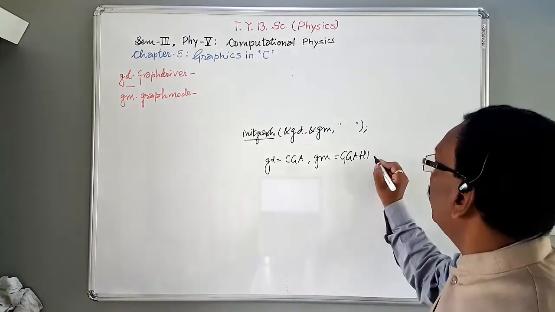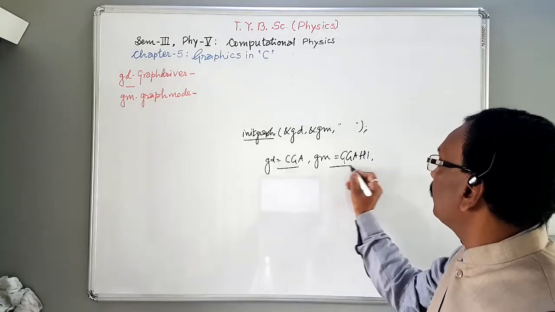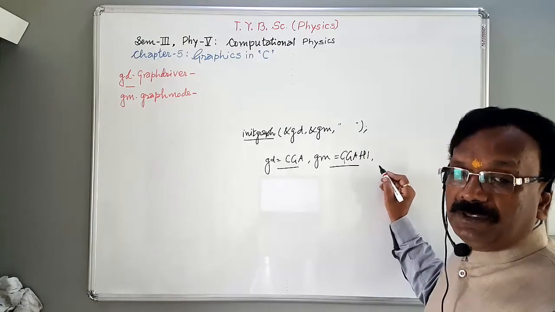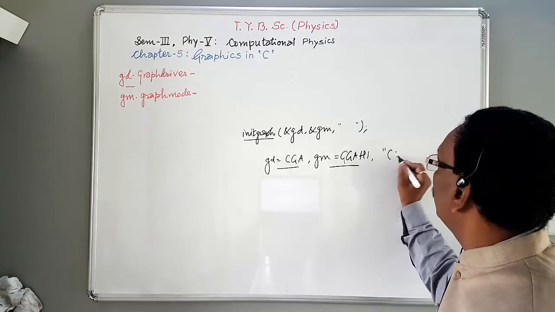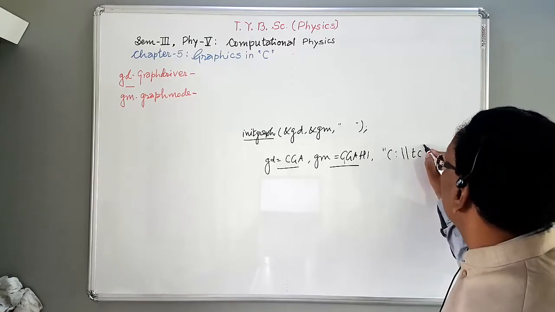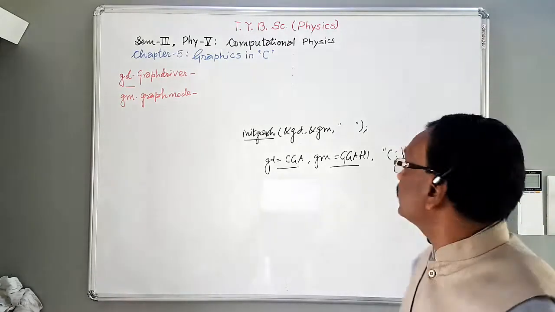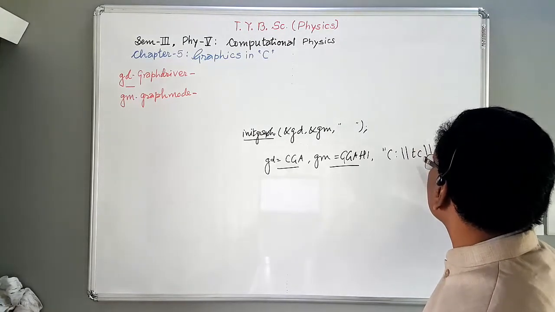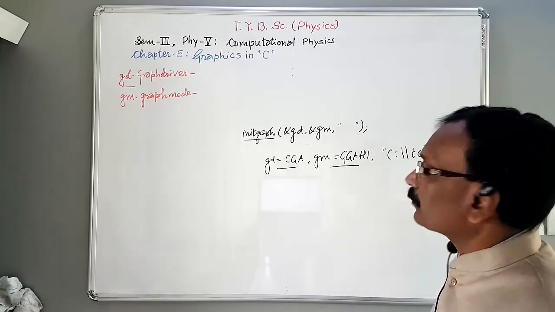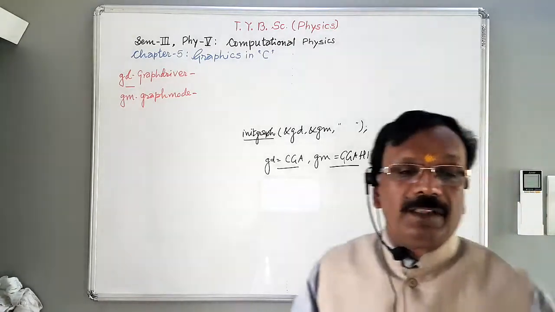Okay, suppose this is the graphic driver, this is the graphic mode, here null path is given, and here we are going to provide a specific path, and that path is suppose C:/TC, that is Turbo C. In this way we can supply the path, and then the computer selects the particular path.